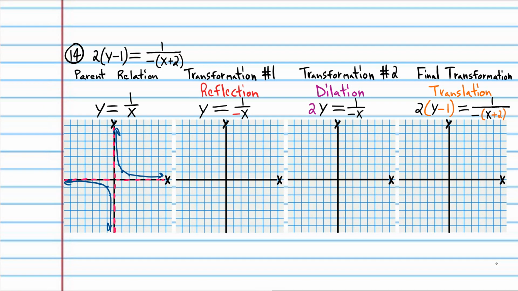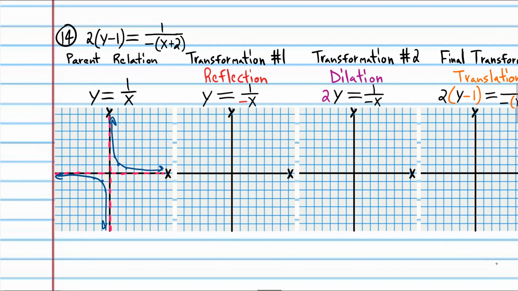And when we replace x with negative x, we reflect across the y-axis. That's not going to change the position of the asymptotes because they're all on the axes already. And I'm just going to flip those points over the y-axis and connect the dots.